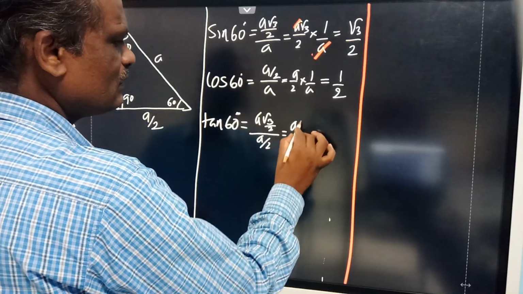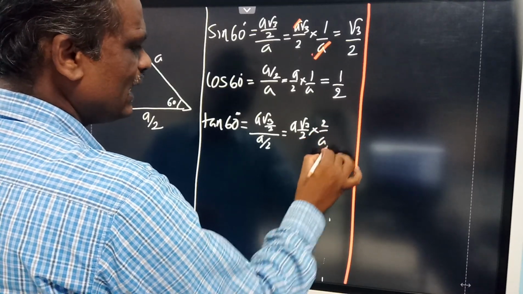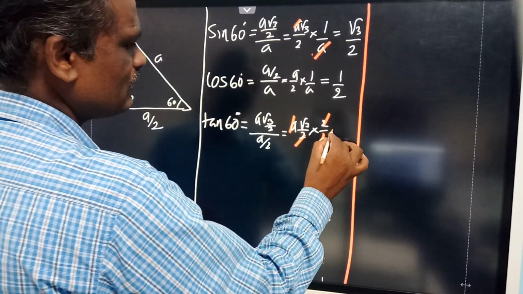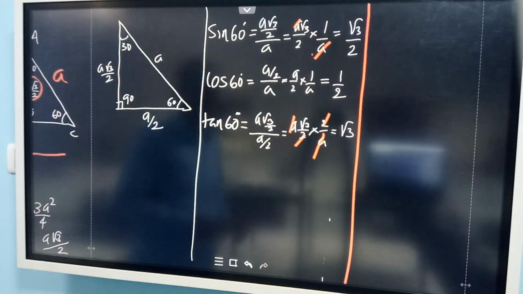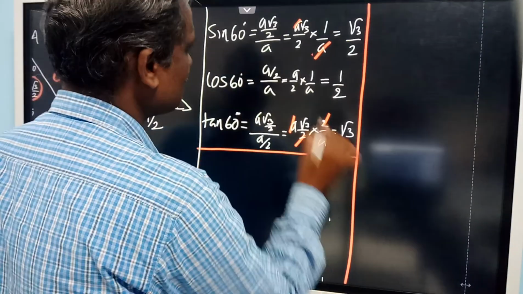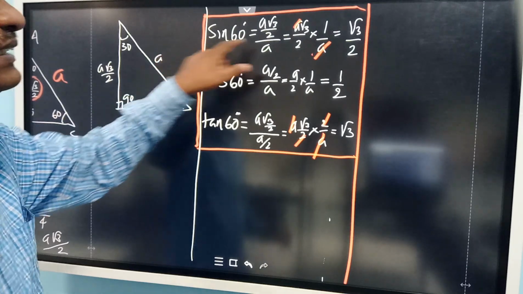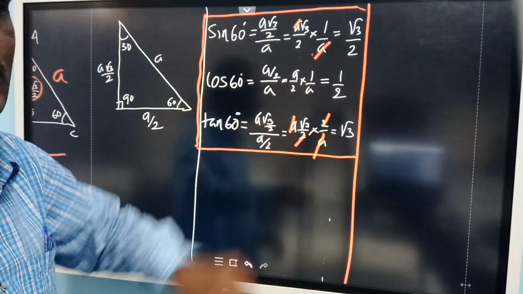Simplify this: root 3 by 2 into 2 by A. A cancels, 2 cancels, you will get only root 3. So tan 60 is root 3. We got 3 very important trigonometric ratios. Sin 60 is root 3 by 2, cos 60 is 1 by 2, tan 60 is root 3.